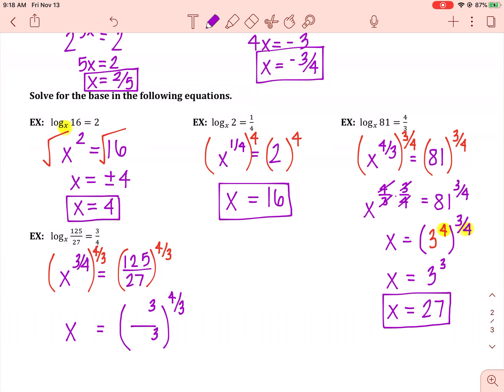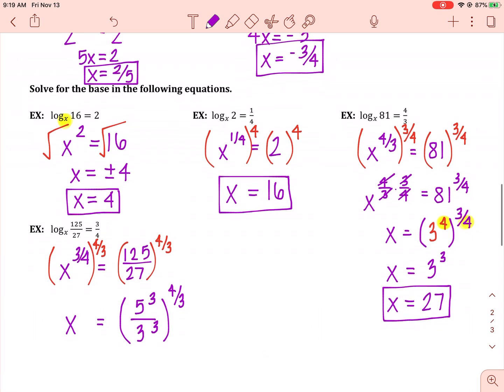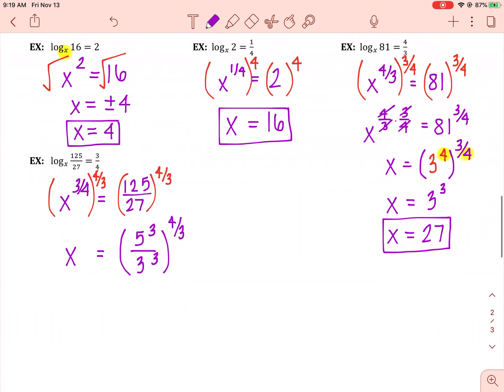Well, yeah, you can. 5 cubed is 125. 3 cubed is 27. This is looking nice because these will cancel. I'll have 5 to the 4th over 3 to the 4th. That would be 625 over 81.